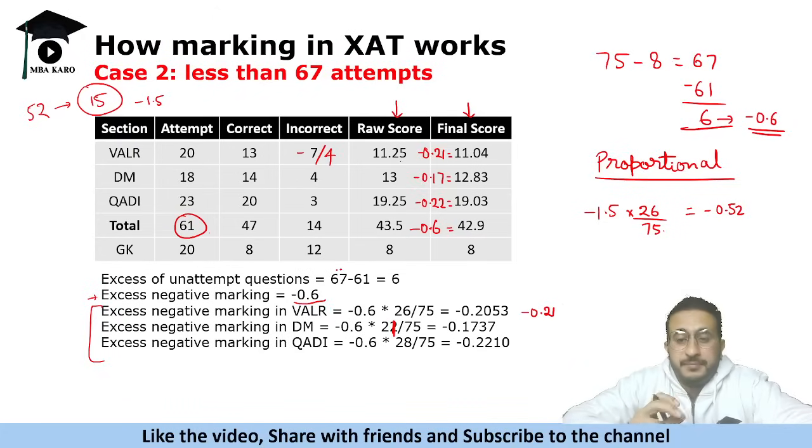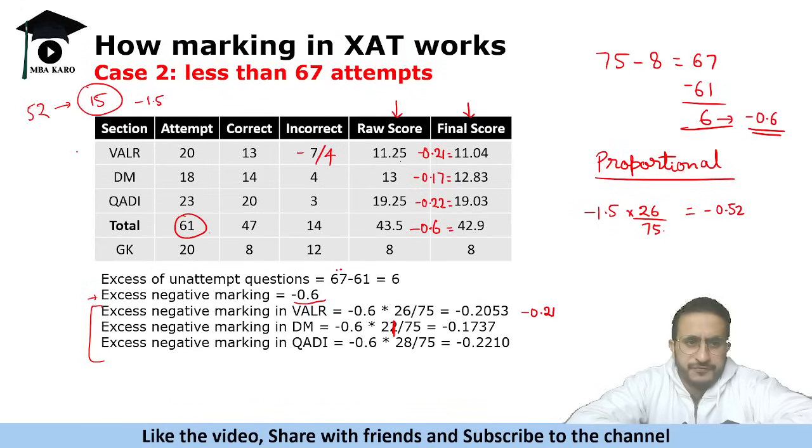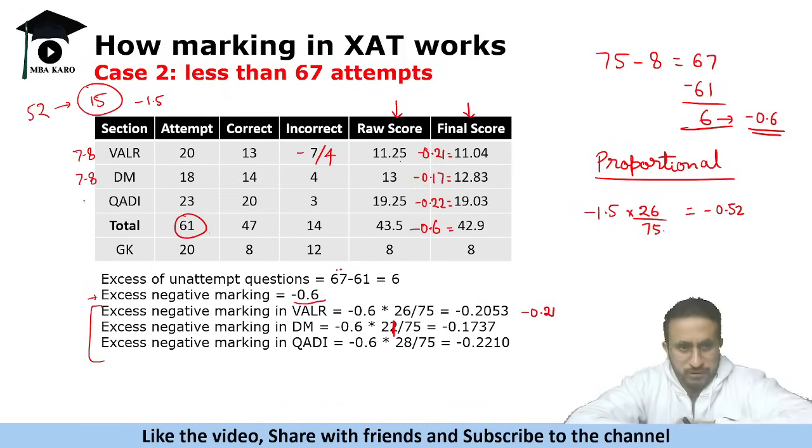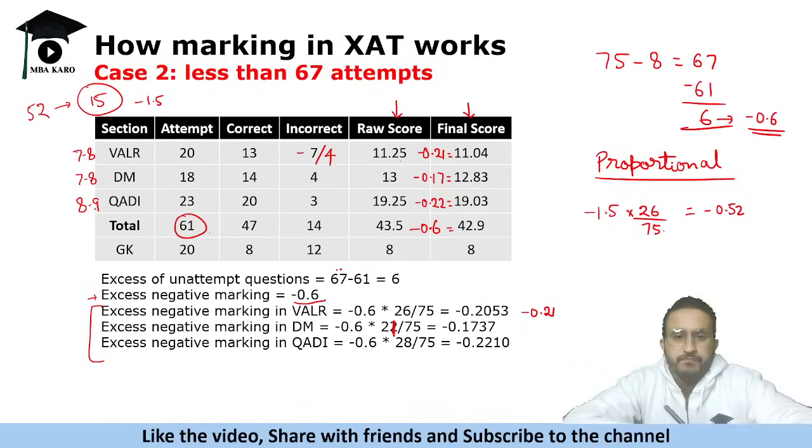But let me tell you how to calculate your expected score, if you are scoring near the cutoff. So the VALR cutoff would be around 7 to 8 marks. Let us say you got just 8 marks in VLR, and based on your understanding during the paper, you want to be on the safer side, so you wish to attempt more.